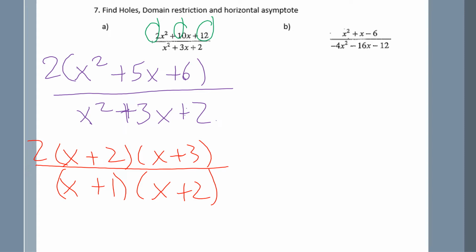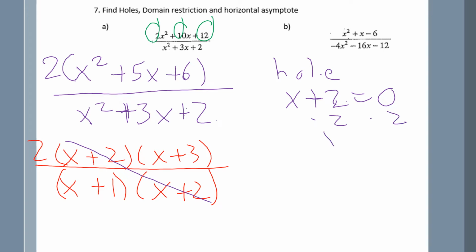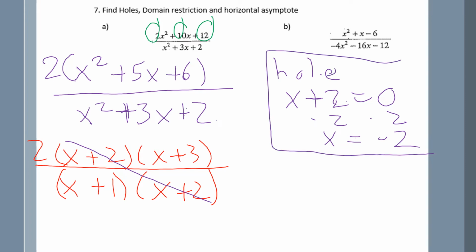All right, let's go ahead and get started with all this. What do I have that I could cancel out? Well, I have an x plus 2. So for my hole, before you could get to the answer, you got to solve it. Solve for x, and you know that it's going to be negative 2. So x equals negative 2, and that is my hole, or my point of discontinuity.